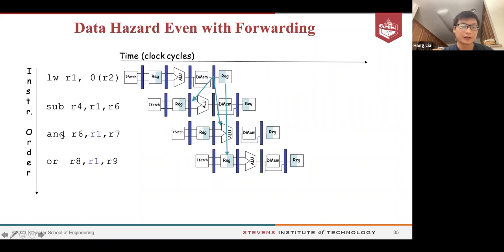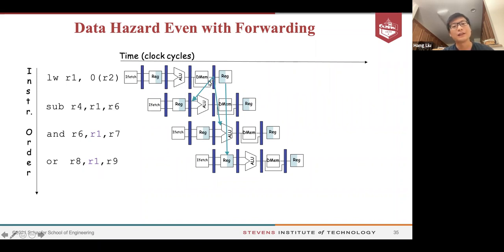So we say there are still some data dependencies. But for this third instruction, which uses R1, it can be okay, because once you finish this instruction, you immediately pass it to that instruction, right? And for this OR instruction, it's also fine.